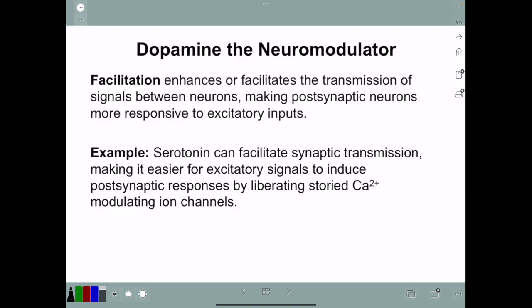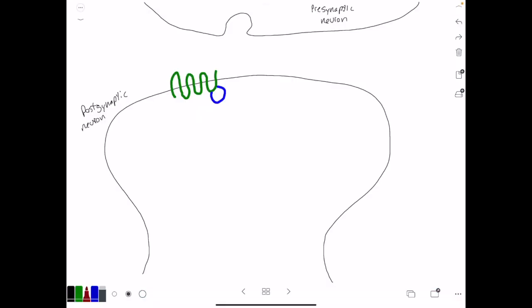So let's take a look. All right, in this example, we're going to take a look at how serotonin can induce facilitation, a specific type of neuromodulation. So in our presynaptic neuron here, we have vesicular exocytosis, and this, in our example, of course, is serotonin.